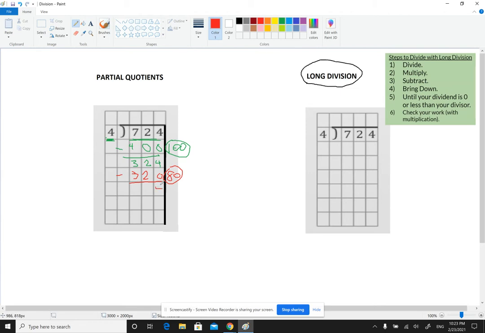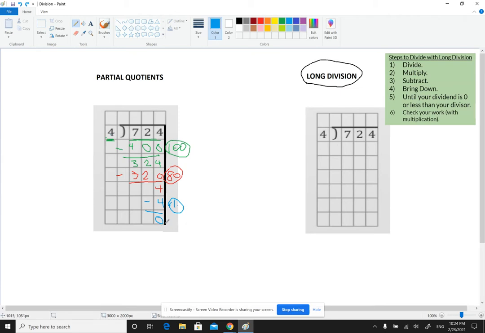So now it seems like I have 4 units left, and how many groups of 4 can I make if I only have 4? Well, 1 group, right? So 4 times 1 is 4. And I am finished. I have no more units to make groups of 4 with.